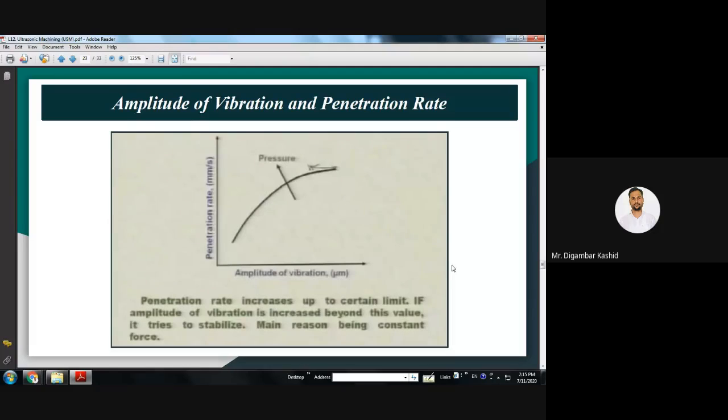Now you can see on this slide. This slide shows the relationship between amplitude of vibration of the tool and the penetration rate, that is, penetration rate of the abrasive particle into our workpiece. You can see here that as the amplitude of the vibration is increasing, the penetration rate is also increasing.